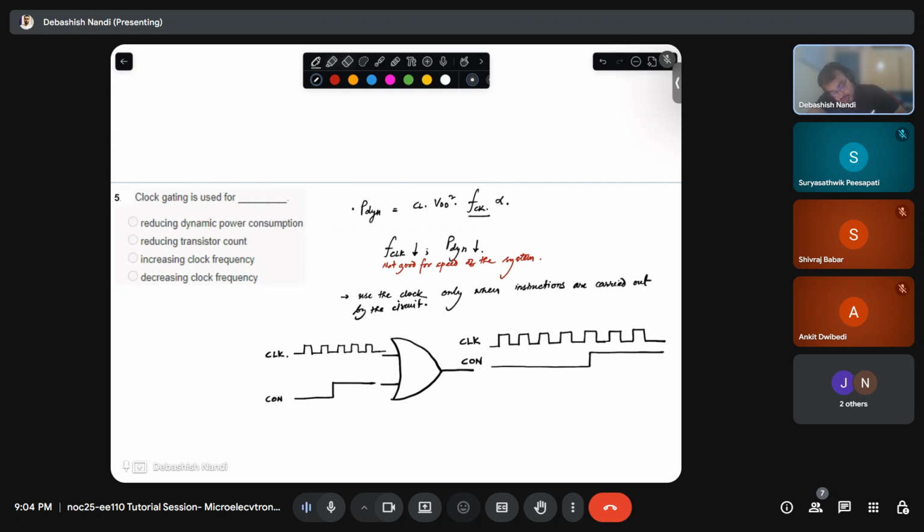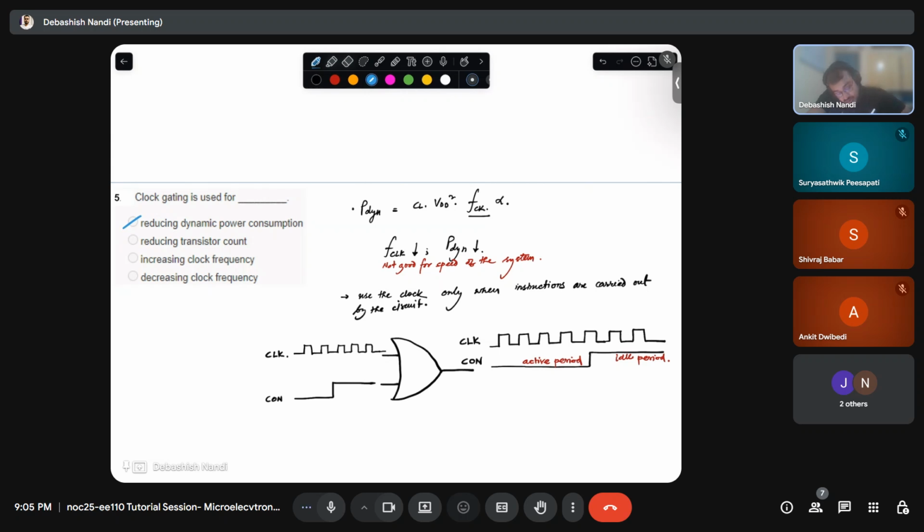This we call the active period and this we call the idle period. Sir, if the answer is reducing dynamic power consumption only? Yes, the answer is reducing dynamic power consumption, but I am explaining how it is happening.